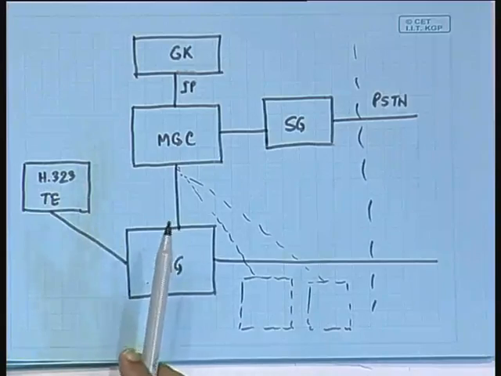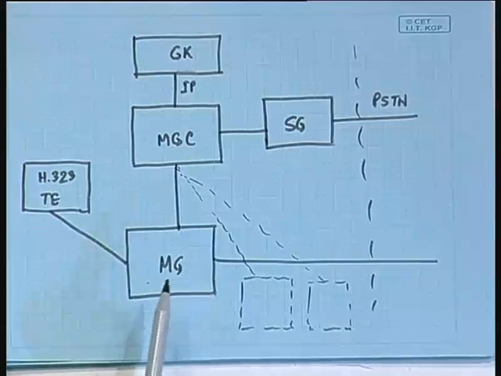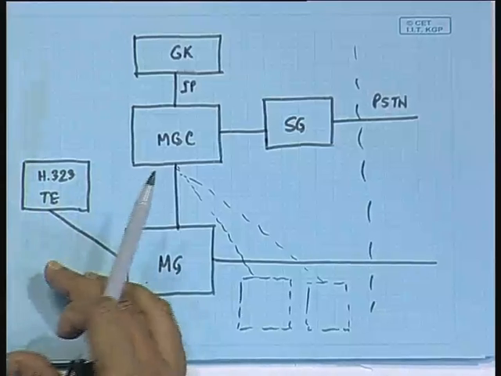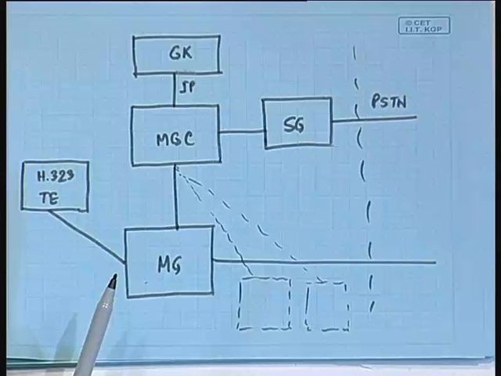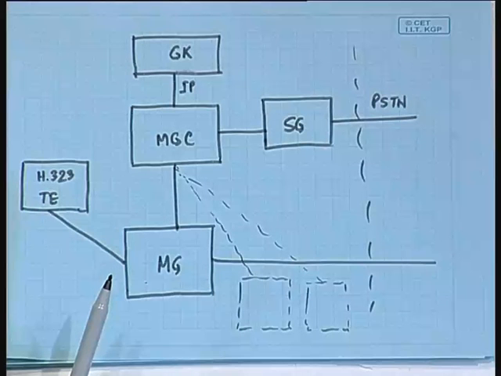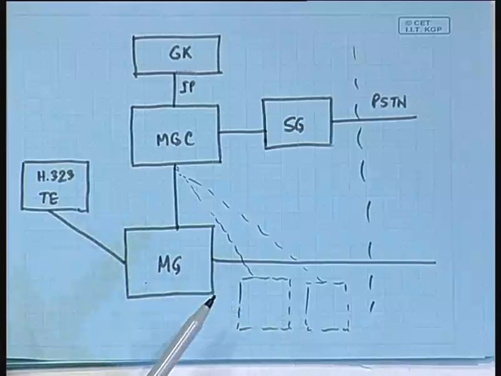So, in such a case, what one should have is that multiple MGCs should also control each MG, because if you are connected to this MG and this particular MGC fails, then the other MGC should be able to control. So, this sort of redundancy can be built in by having multiple MGCs, and the decentralization can be achieved by having multiple MGs.